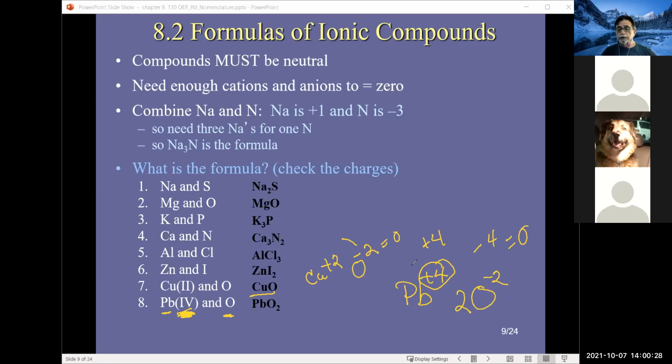In fact, because lead can vary, let's just say it was lead 6 and oxygen. Let's just make up lead 6 for right now. What does that lead 6 tell you? It tells me that I'm dealing with the oxidation number of a +6 for lead. We know that the oxygens each have a -2 to become oxide. So how many oxides would I need to cancel that +6?